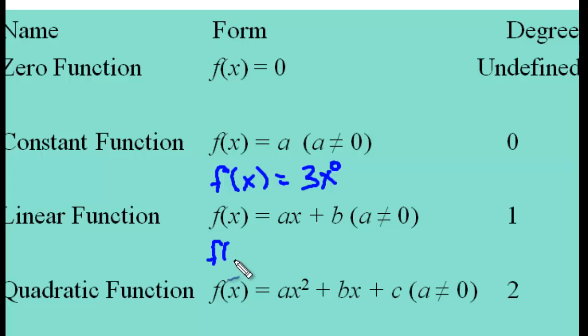So we could say f of x equals 3x plus 7. The degree there is going to be 1. We have a little imaginary 1 there, so our degree is 1. And then quadratic functions we will be looking at a little bit later. We have some number times x squared plus another number times x plus c, and the degree will be 2.